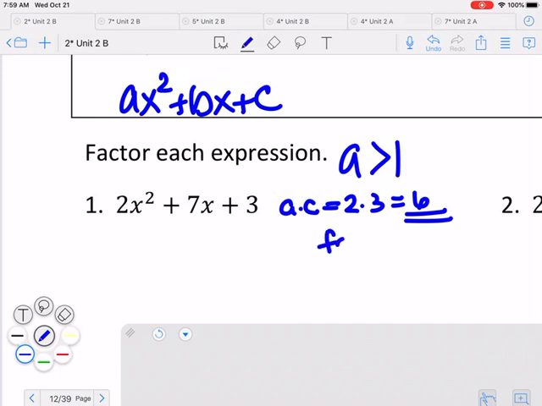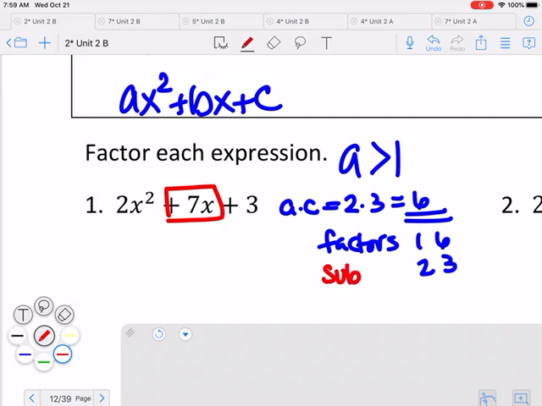And what we do is list factors of 6, so things that multiply to 6: 1 times 6 or 2 times 3. Then we choose the pair that adds to, I meant to write sum, the middle term, the b value. Sum to b.